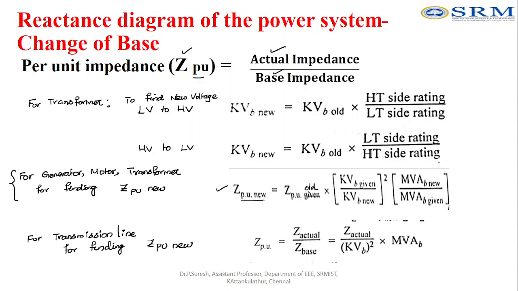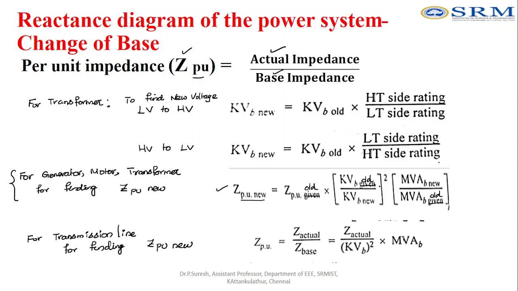Z per unit new is equal to Z per unit old multiplied by kVb old by kVb new, the old value of voltage by the new value of voltage, whole square, multiplied by MVAb new by MVAb old, the new value of power by the old value of power.